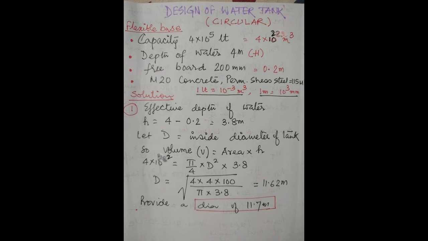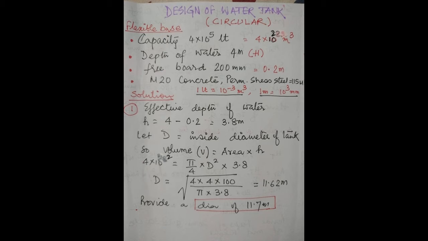If we multiply it by 10 to the power minus 3, we will get 4 into 10 square, that is 400 meter cube. Depth of the water is capital H, equal to 4 meter. Freeboard is equal to 200 millimeters, so that is equal to 0.2 meter. And now we can start the problem solution.